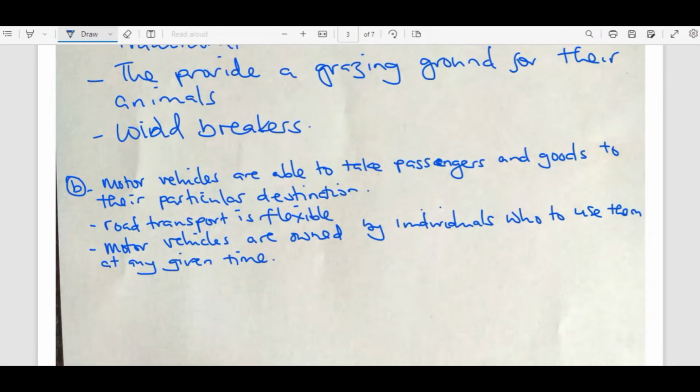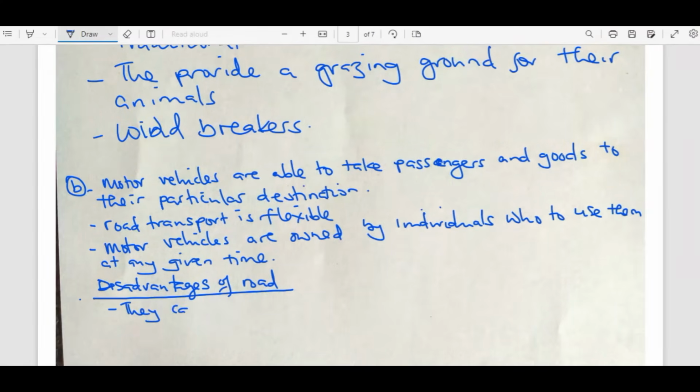Okay, so let us move and look at the disadvantages of road. So we are looking at demerits or disadvantages now of road. Okay, so number one, we can say they cause a lot of pollution.